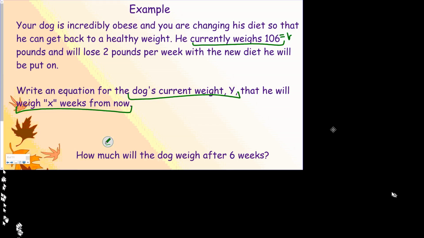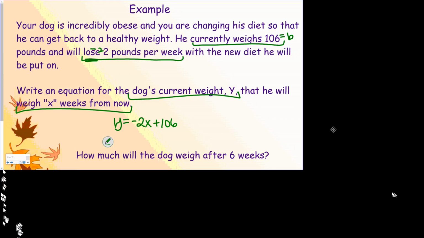So that's your starting amount, your B. But he will lose 2 pounds per week. That is a rate. And the important word here is that he's losing the 2 pounds. So that actually is a negative 2 per week. So our equation should look like negative 2x plus 106.